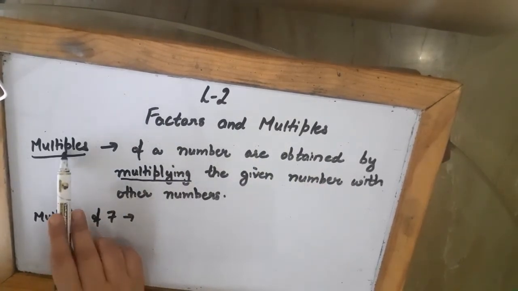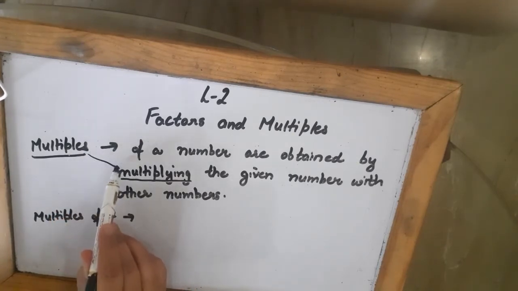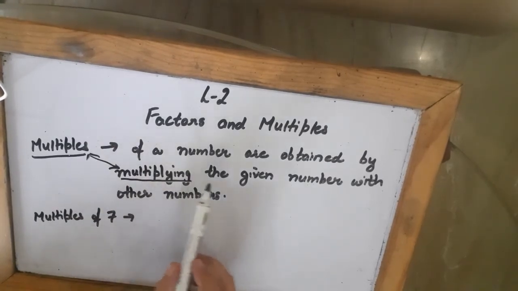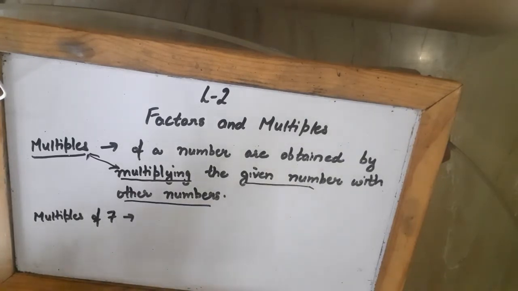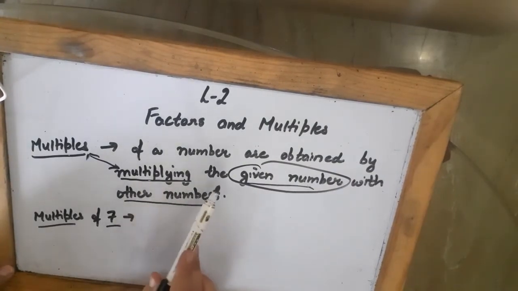With this word multiples, you can think that it has to do something with multiplying the given number with other numbers. Let me explain this with an example. Suppose I want the multiples of 7. So which is the given number here? It is 7. How can I obtain the multiples of 7? By multiplying the given number, 7, by other numbers.